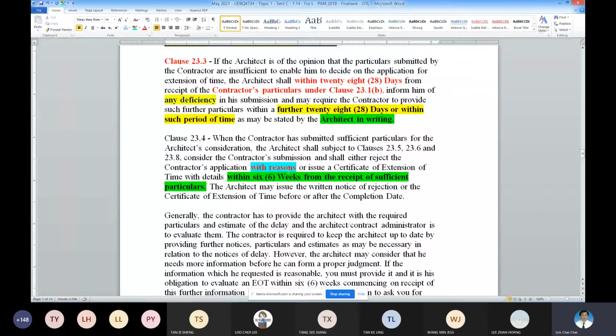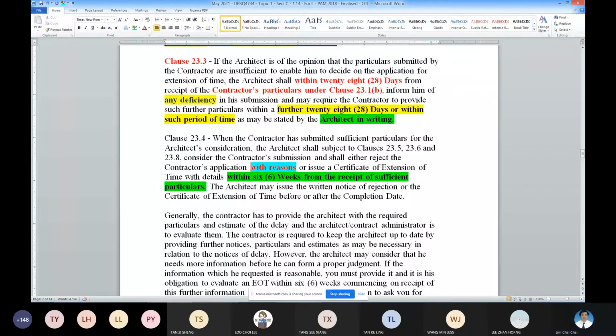Okay, so for PAM 2006, you don't need to give reasons, but in 2018, the architect must give reasons and state the clause. The reason will be which clause is used to grant you the necessary extension of time.